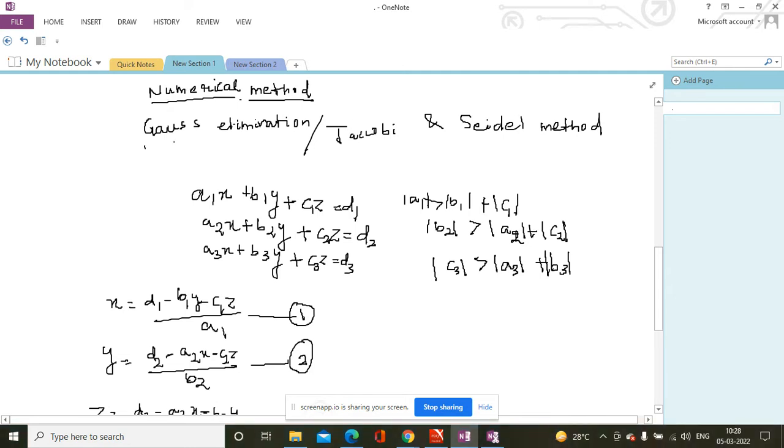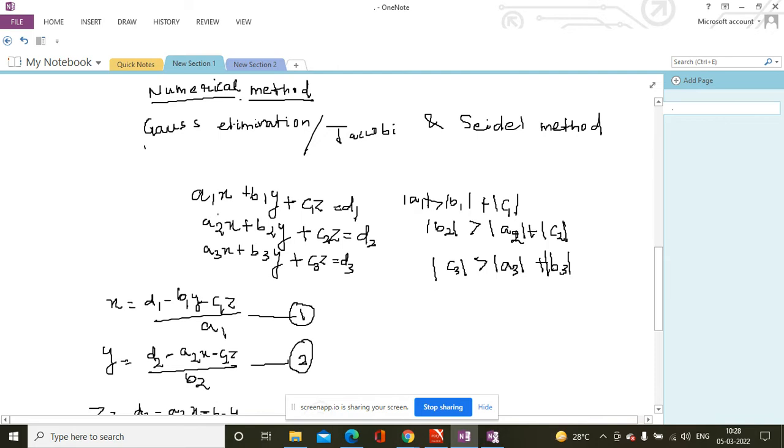We'll start from Gauss elimination or Jacobi method and Gauss Seidel method. If we write three simultaneous equations as a1x plus b1y plus c1z equal to d1, a2x plus b2y plus c2z equal to d2, a3x plus b3y plus c3z equal to d3, arrange them in such a manner that the absolute value of a1 is greater than b1 and c1.